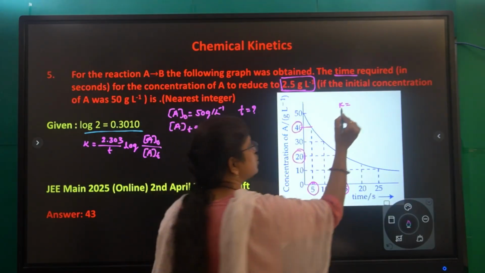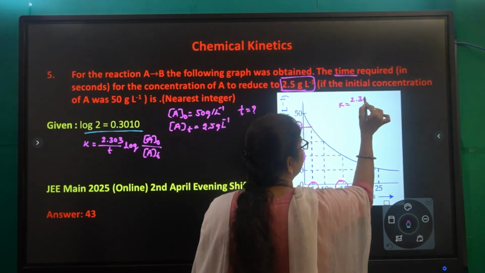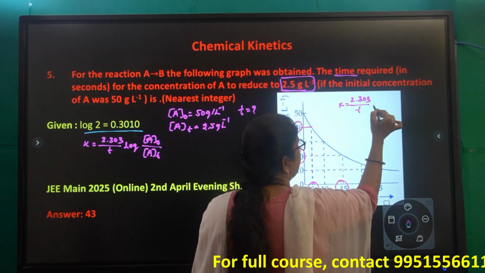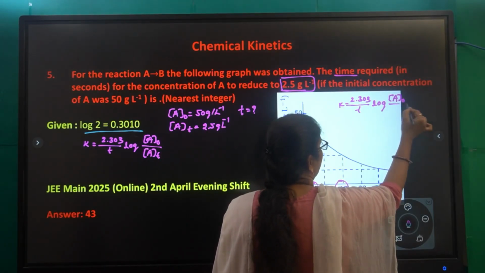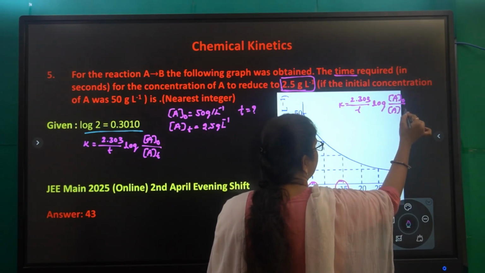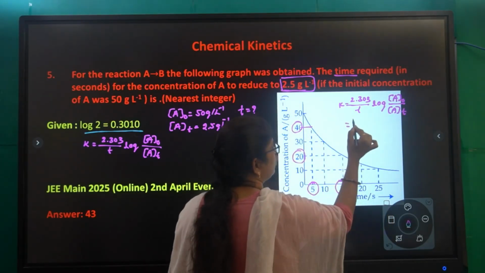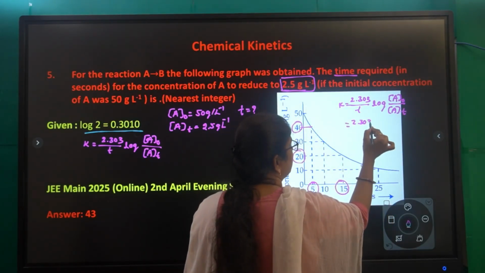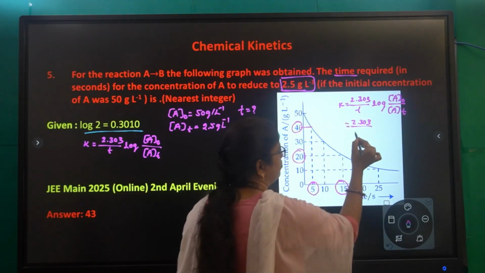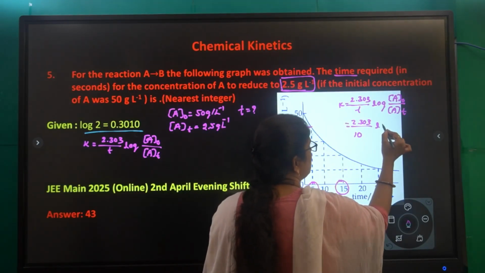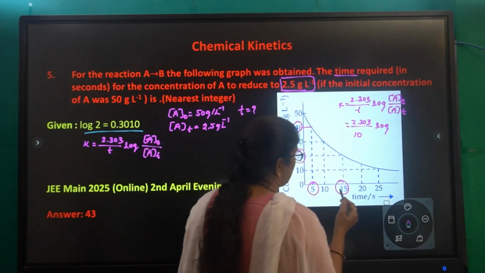So K is equal to 2.303 by T log concentration of A0 by concentration of At. So here 2.303 by T. What is the time difference here? 15 minus 5, that is equal to 10. So log initial concentration.